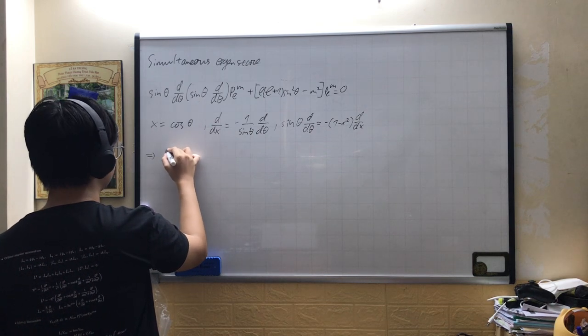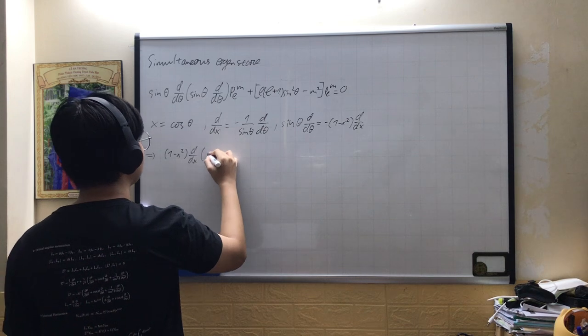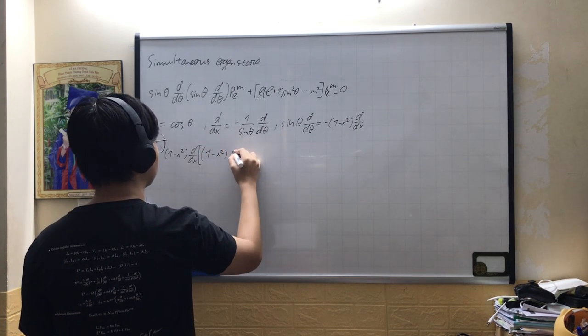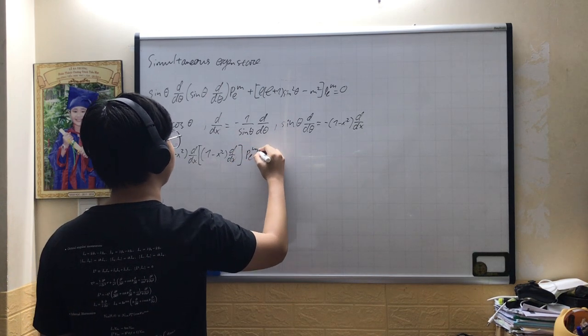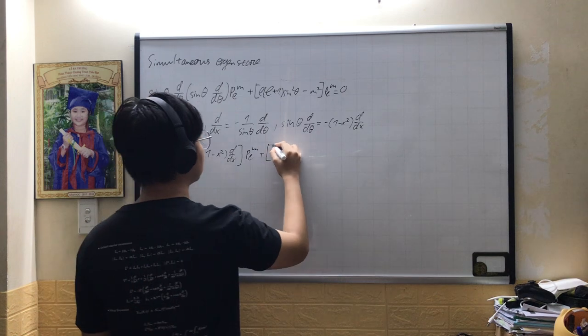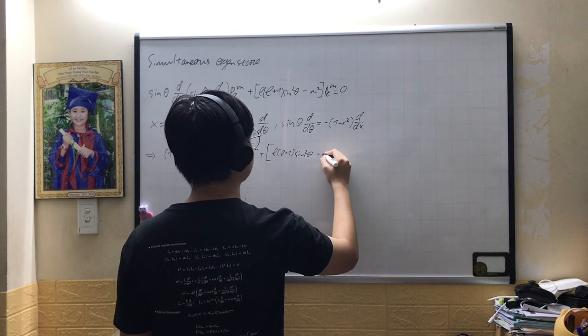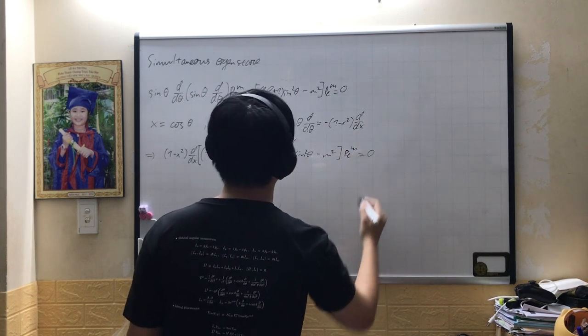So I will just write d/dx of 1 minus x squared d/dx of P_l^m, plus l(l+1) minus m squared over sine squared theta P_l^m equals 0.